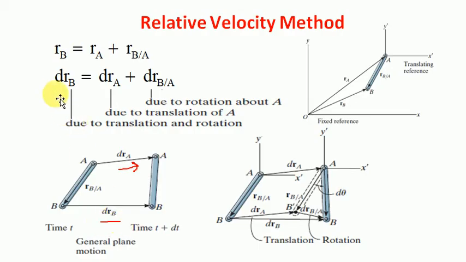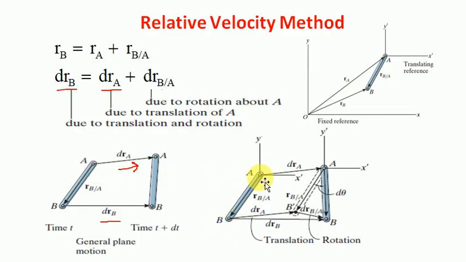Now dRB, the total displacement given to B, will be equal to the sum of the translation by which point A is translated, and next, the rotation about A. So A has moved with pure translation and B has moved with translation plus rotation about A.